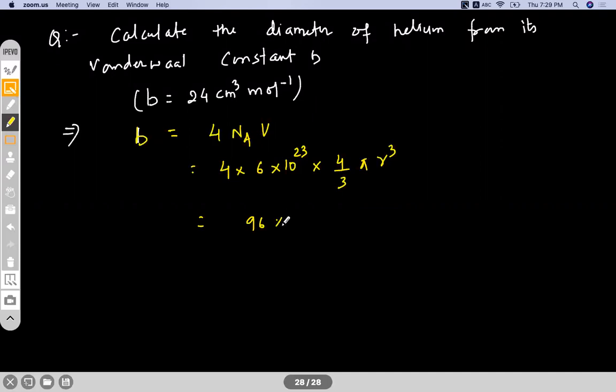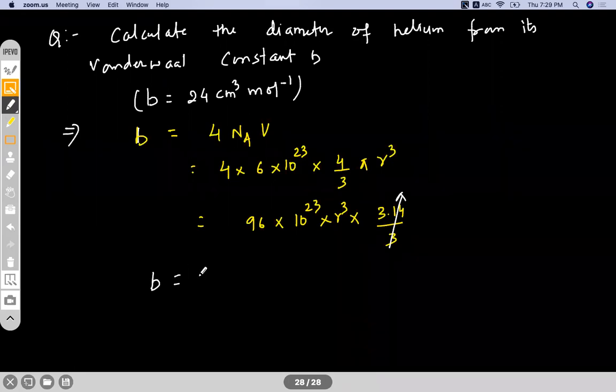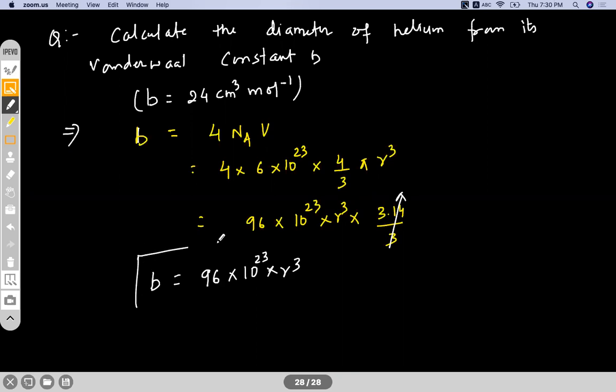So 96 into 10 to the power 23 into r cube, pi is 3.14, divided by 3. For approximation you can cancel out the two. I'm not doing it here, but we can say the formula of B in terms of radius, you can use approximately, is 10 to the power 23 into r cube. This you can also use directly sometimes. Even some books give this formula like this.